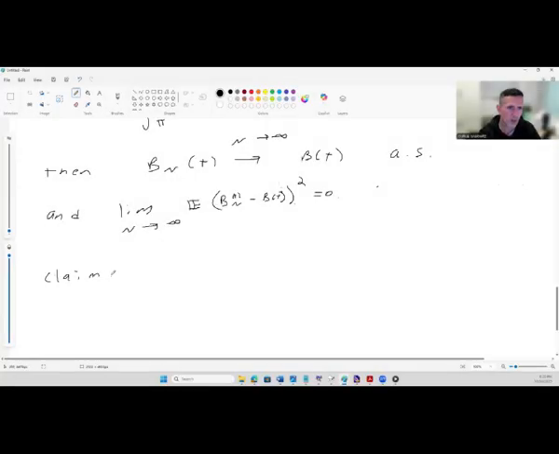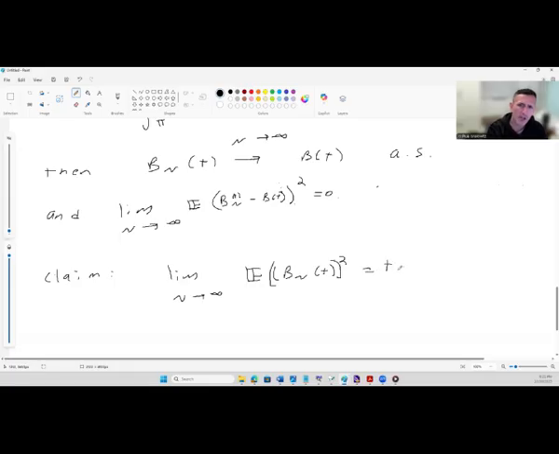You can use this to carefully show that the expectation of B of t squared is t, but that's a little tricky. So what I'm going to do is the next best thing: the limit as n goes to infinity of the expectation of Bn of t squared is t.